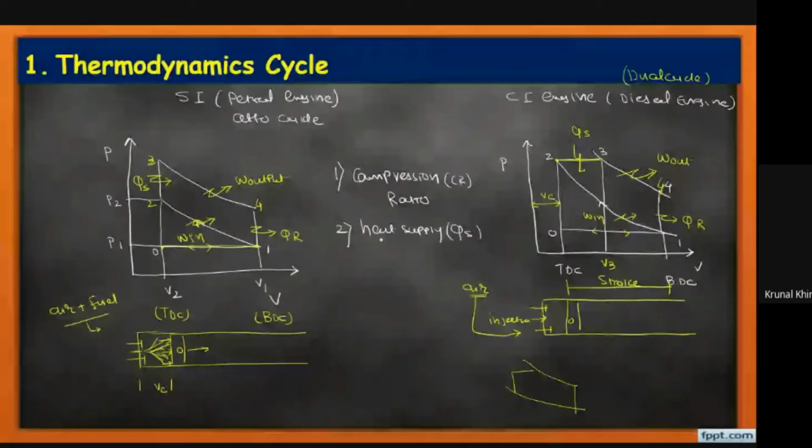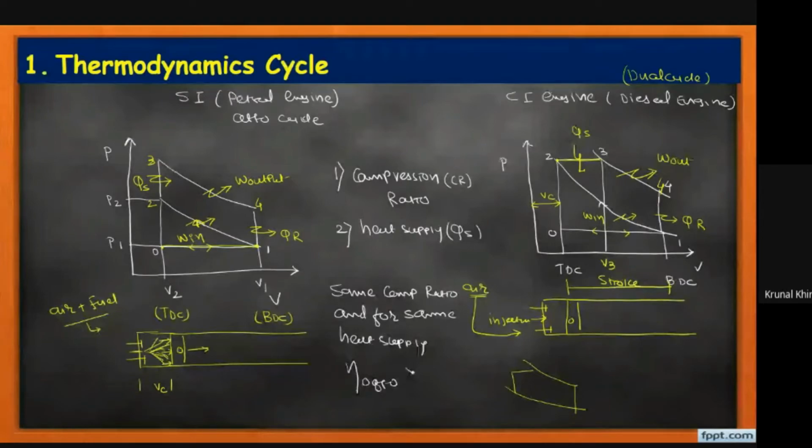If we compare the efficiency of the petrol engine and diesel engine, then for the same compression ratio and for the same amount of heat supply, the efficiency of the Otto cycle is greater than the efficiency of diesel.